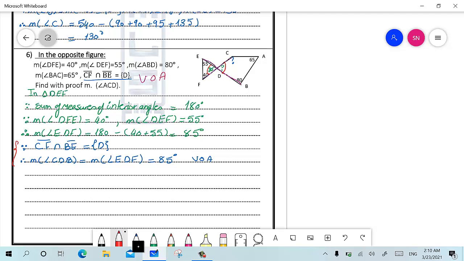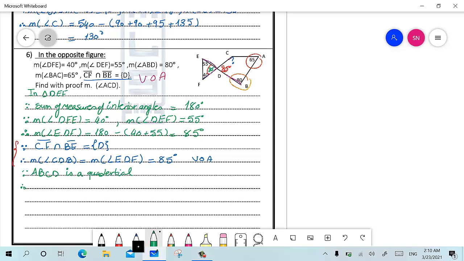Now I have this angle, angle A 65, angle B 80, and I know now that angle CDB is equal to 85 degrees. So now I have three angles in a quadrilateral and I want to find the fourth one. Is it easy? Yes. First, go and find the sum of the quadrilateral. So I'm going to write that since ABCD is a quadrilateral, I knew that it's a quadrilateral because it has four sides.